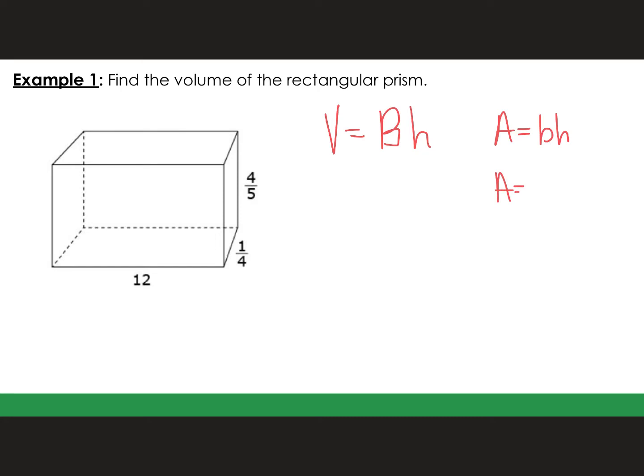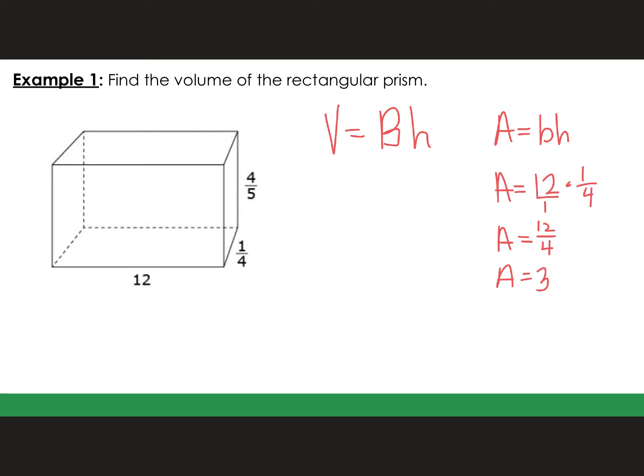So we have 12 times 1/4. Multiplying fractions, I multiply straight across, and I end up with 12/4 because I put a 1 under my whole number, which also equals 3.